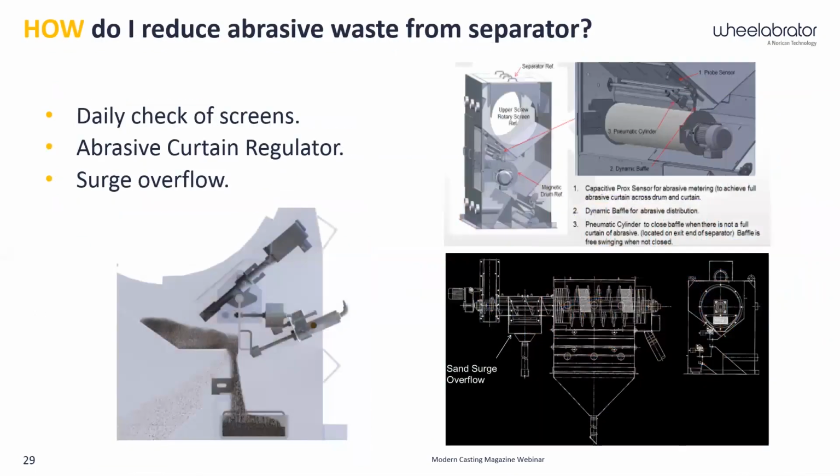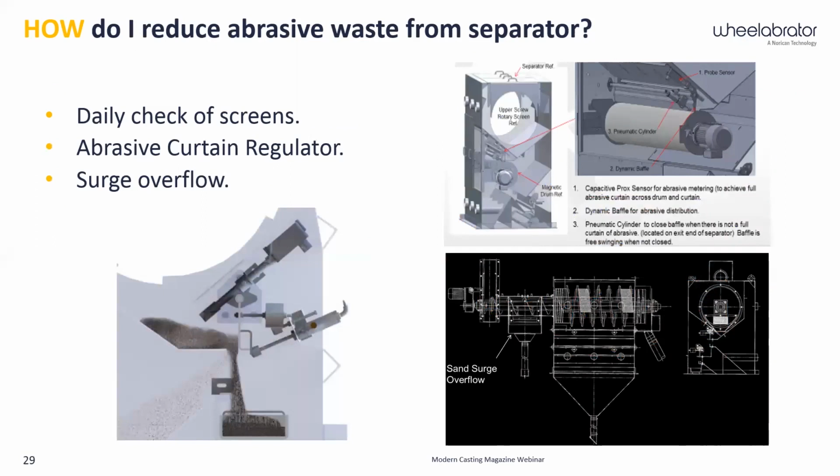So the magic question again: what can I do to reduce any of these? As we talked about earlier, from your preventive maintenance, you can do a daily check of the screens. Another potential way to reduce abrasive loss from the separator not having a full curtain is an abrasive curtain regulator. Most manufacturers have something like this.